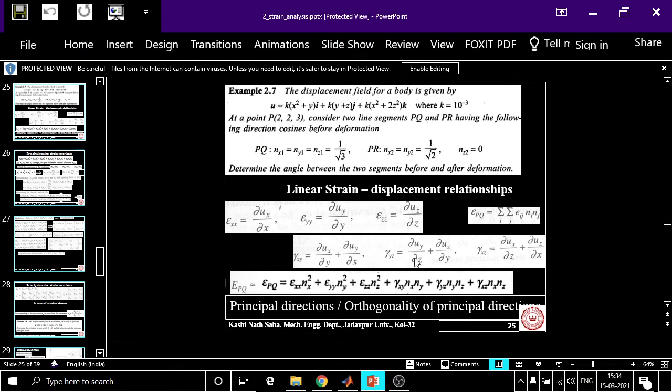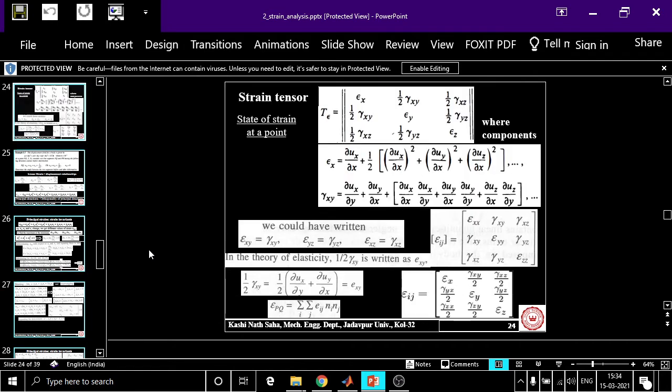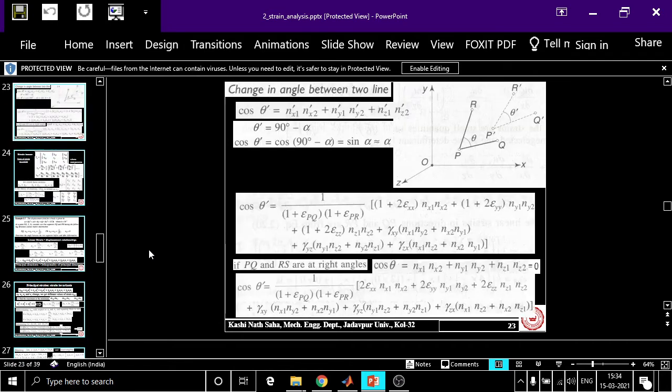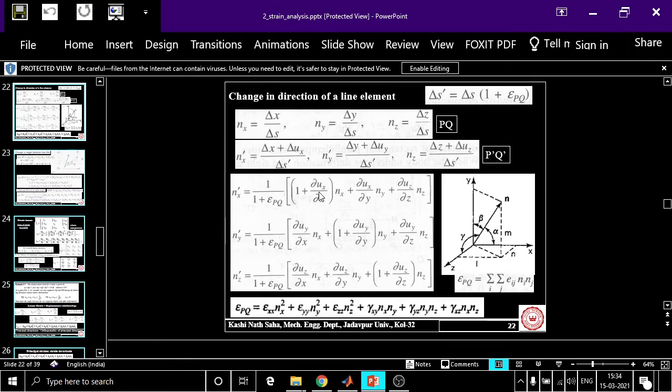Afterwards, what is there? This calculation is done. The next part is we have to find out the changes of direction cosines, right? These changes of direction cosines actually come from these relations. Okay, we already discussed these things.